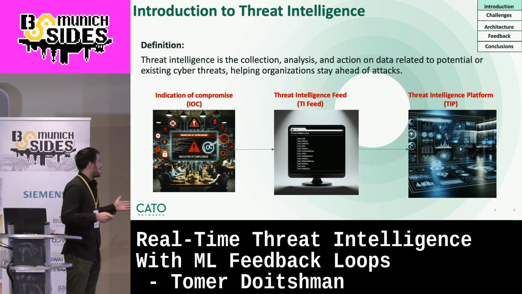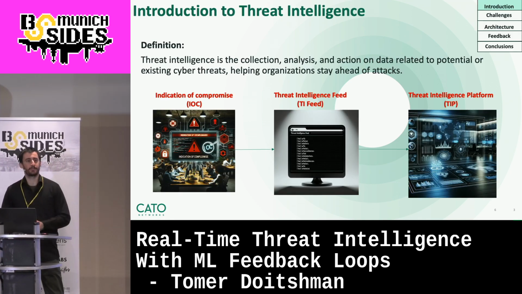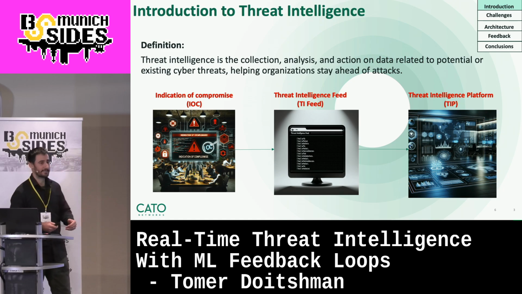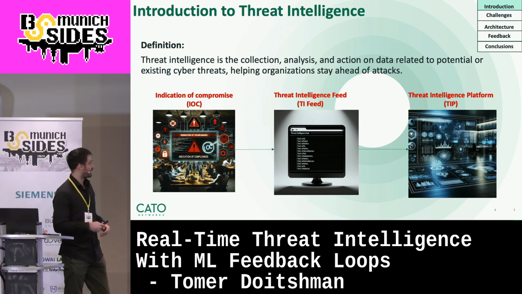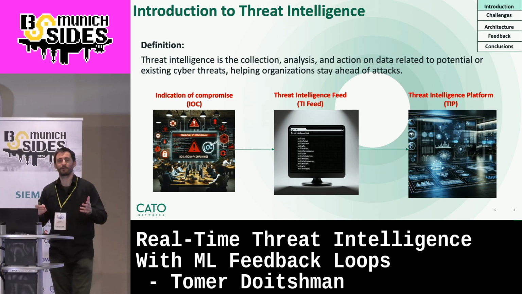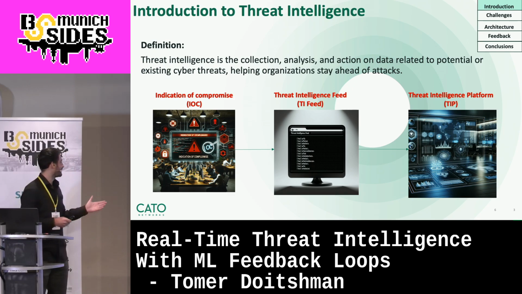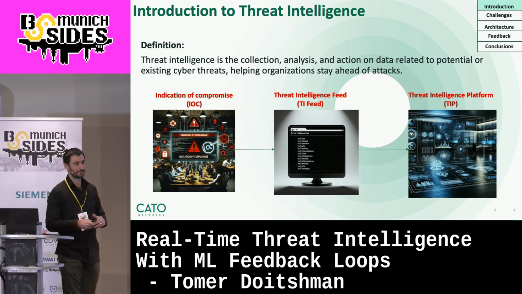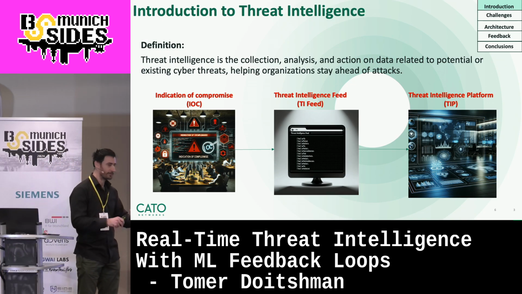So, what is threat intelligence? I guess most of you know threat intelligence. For understanding it, we have to talk about three key terms. The first one is IOC, indication of compromise. The most explainable definition for it is any observable item in a relevant environment. Let's ground it a bit.